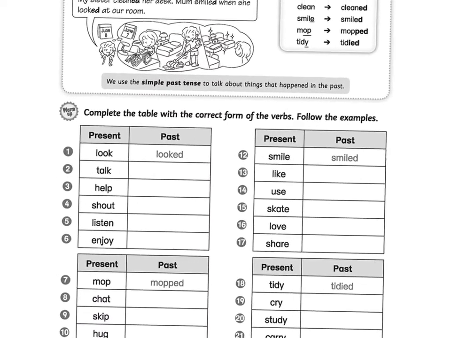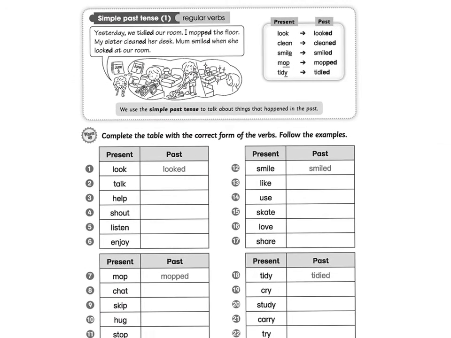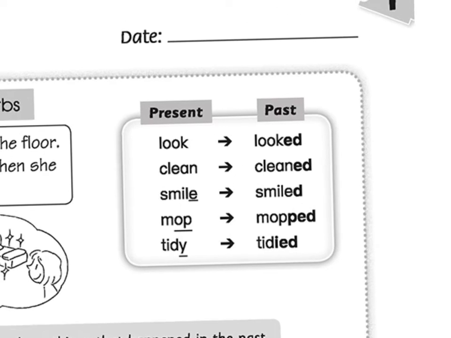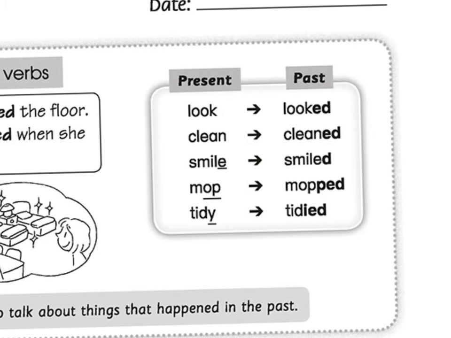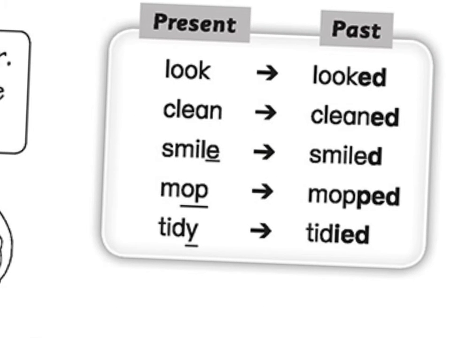So here there are different ways to change regular verbs to past tense. Sometimes we just add ed, like looked, cleaned. But if it ends with e, like smile, then we just add d. If it has a short vowel sound like mop, then we double the last letter, double the p, before we add ed.